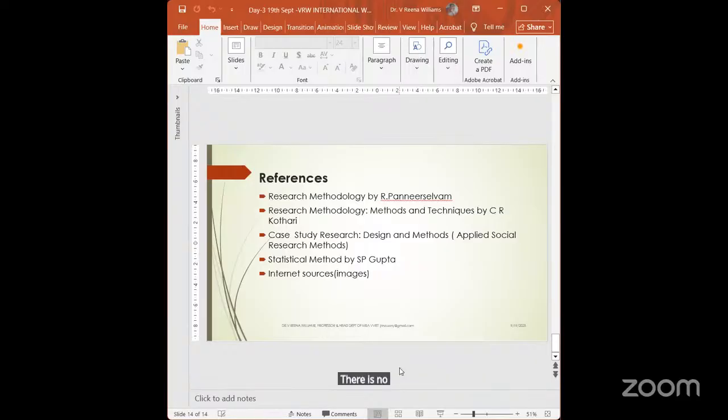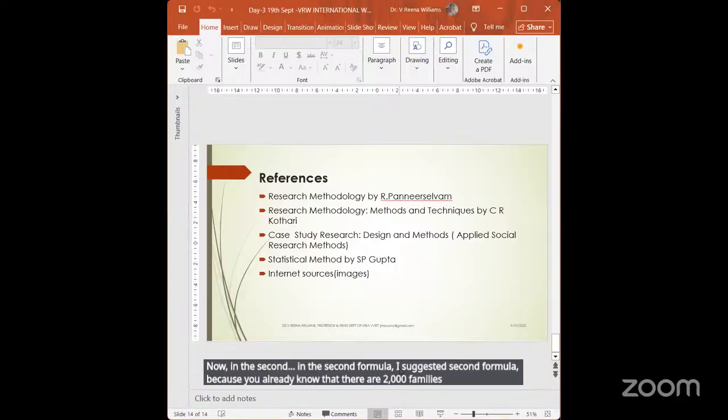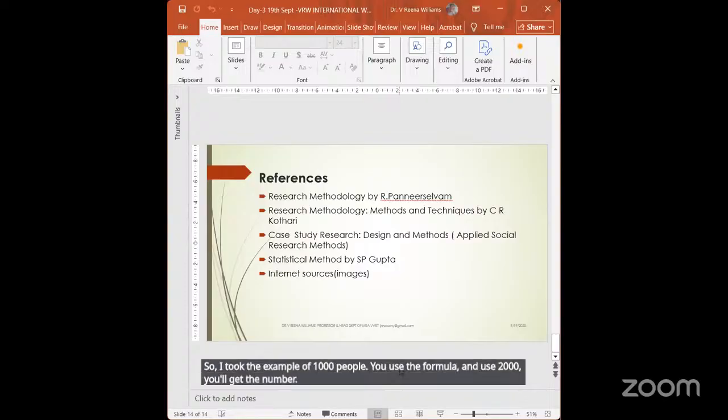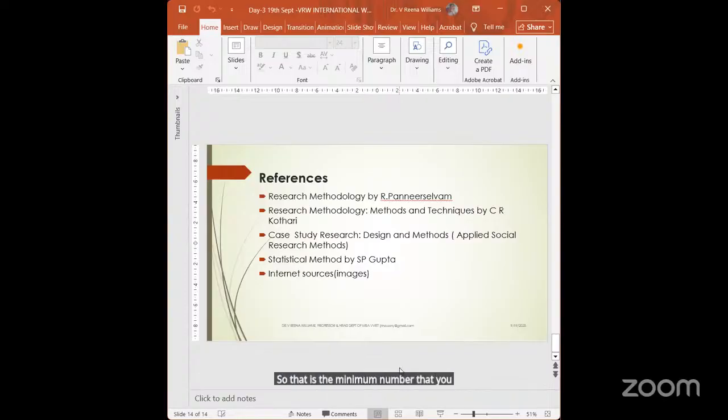There is no unsystematic research. Now, I suggested the second formula because you already know that there are 2,000 families. You know the number. I took the example of 1,000 people, so you use the formula with 2,000 and you will get the number. That is the minimum number of families that you need to meet.